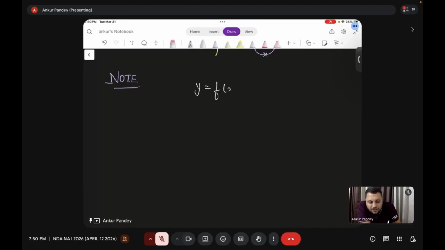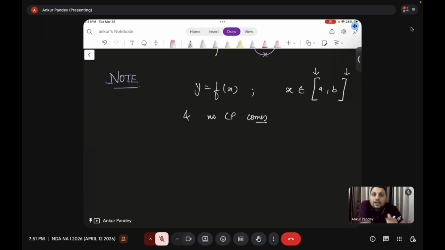If while giving you a function, UPSC says x belongs to a closed interval, and no critical point comes between A and B, then almost 100%, A and B are the local maxima or local minima.